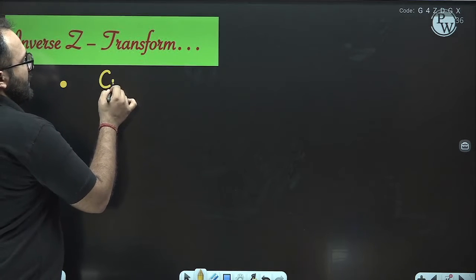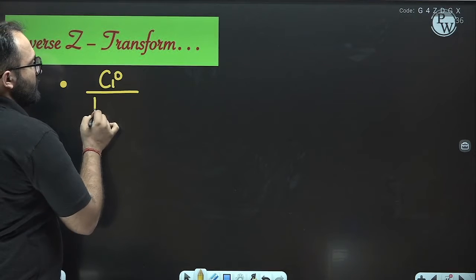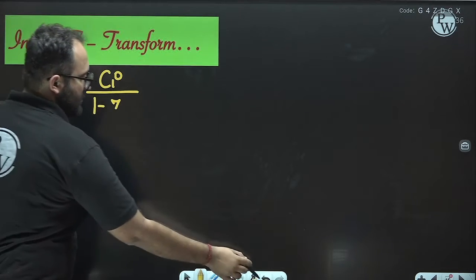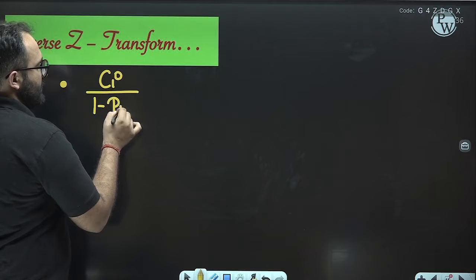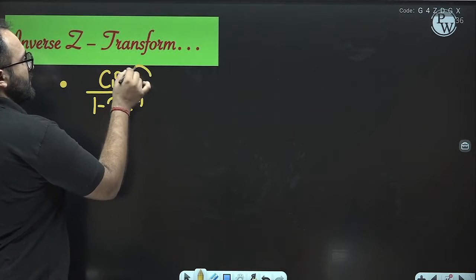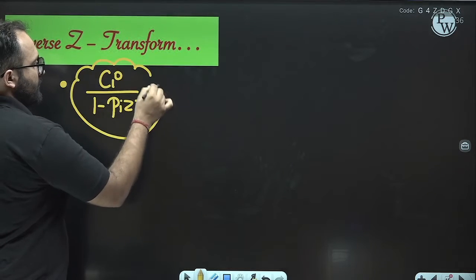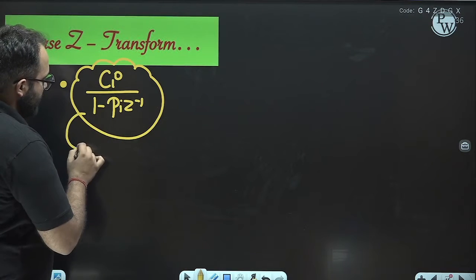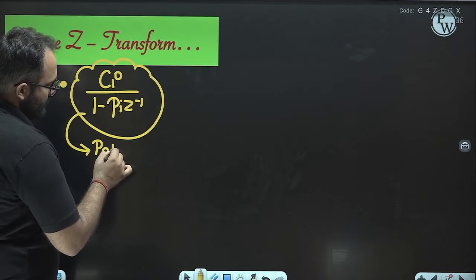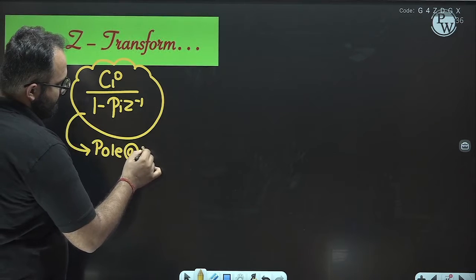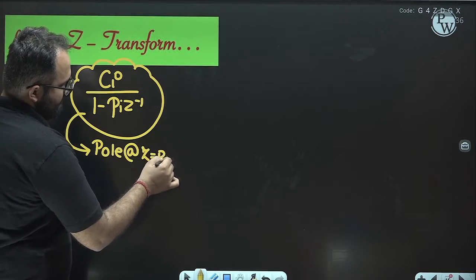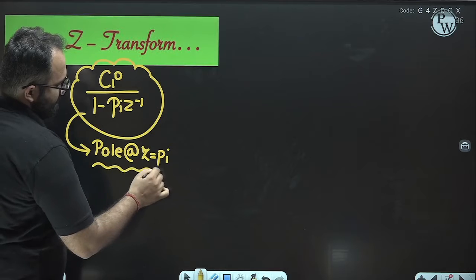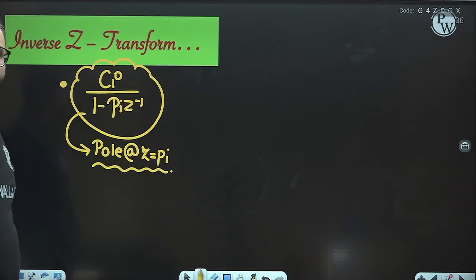Suppose we have a Z transform Ci upon 1 minus Pi z inverse, where Pi is some constant. This term has a pole at Pi.